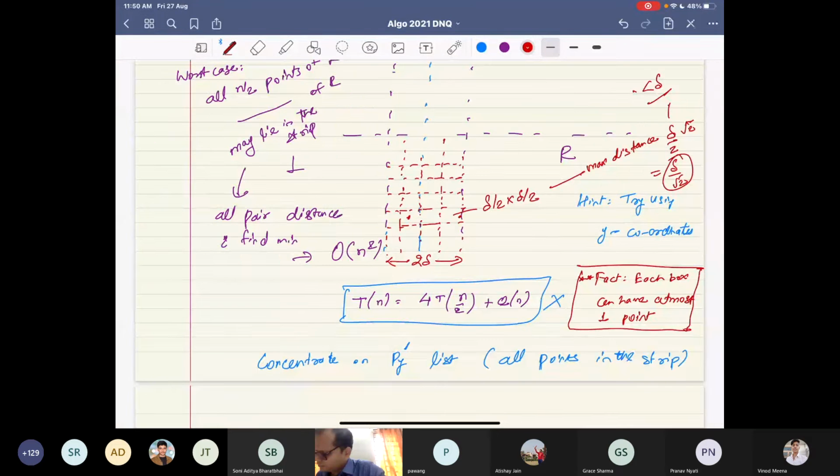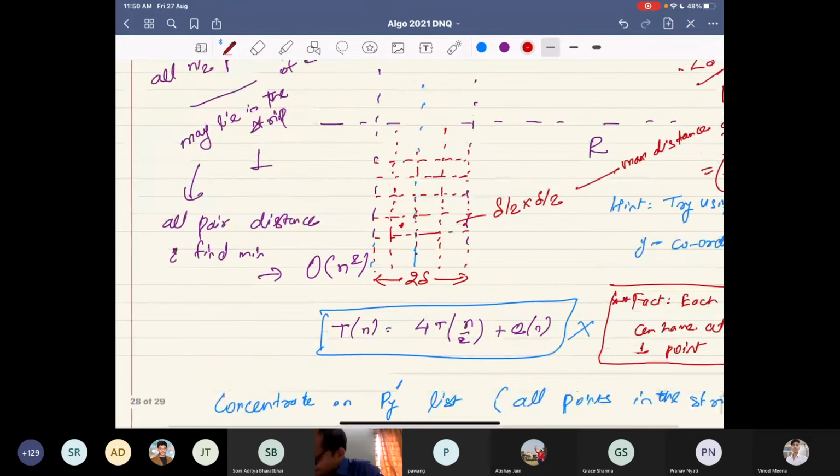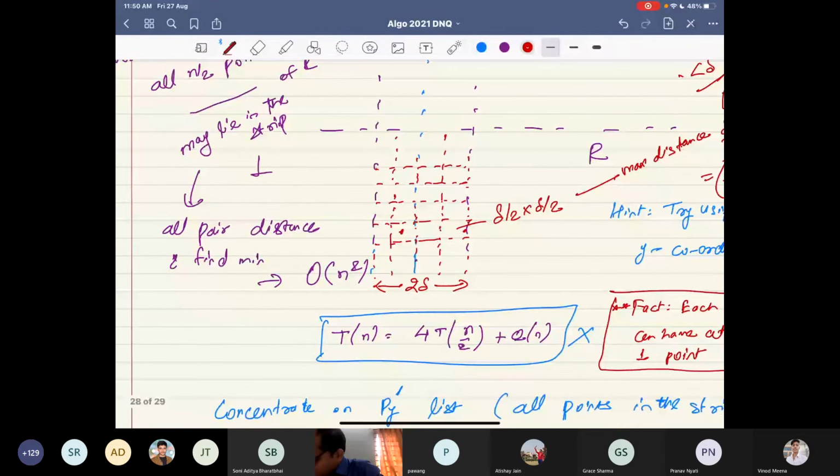I have to compare it with at most up to that many.